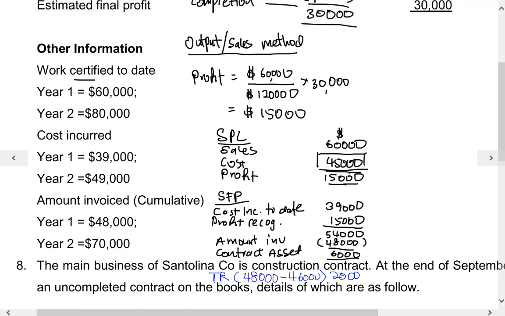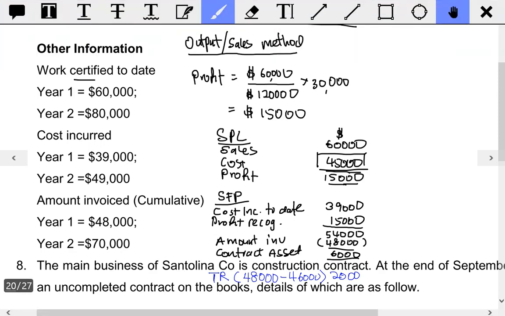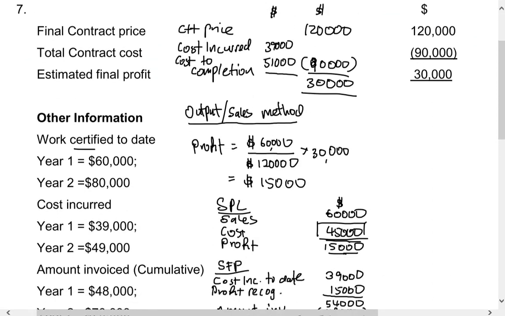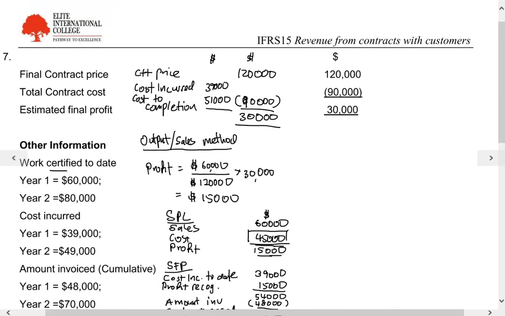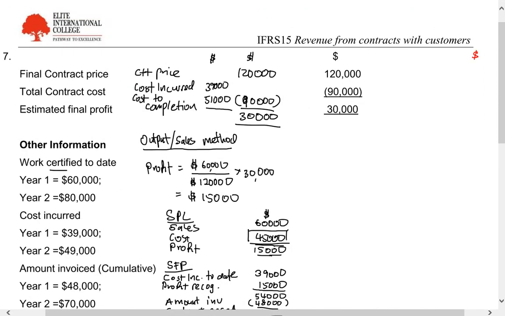Okay. Second year. The outcome: contract price 120. Cost incurred to date 49.